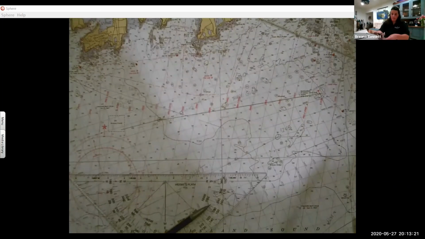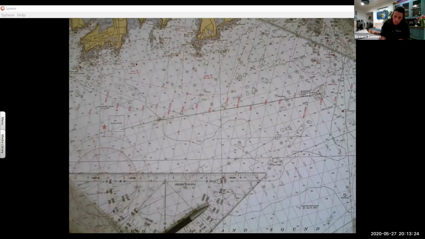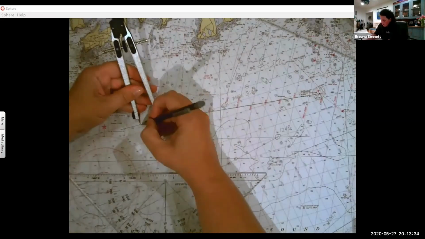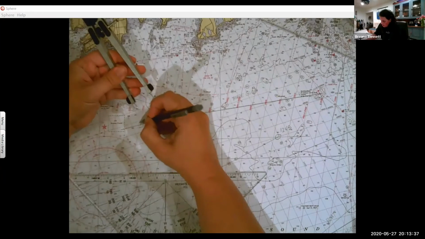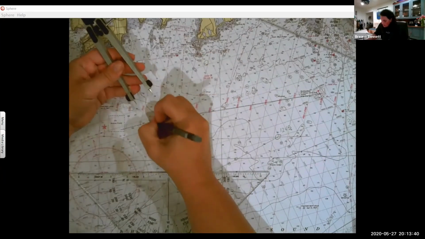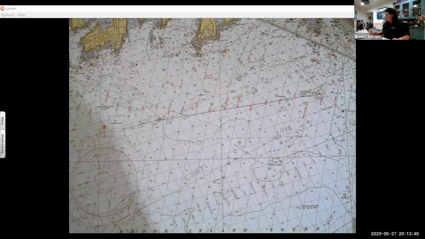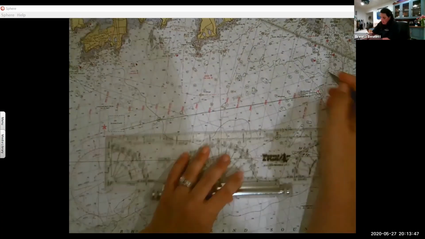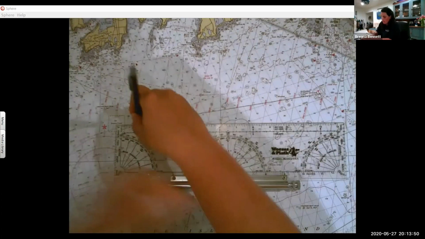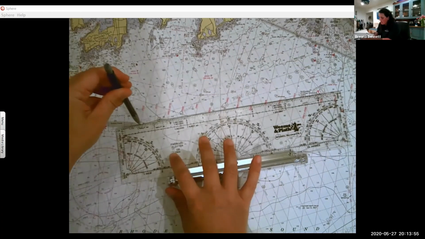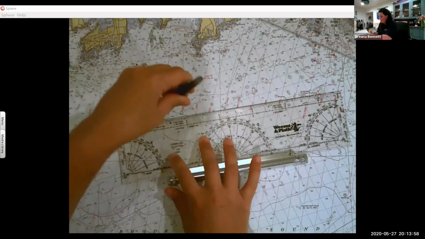Point 2. So this is now my current line because it's going in that direction. And now if I connect this dot, not my made good dot, to my Brenton Reef, I can get what my course to steer would be.